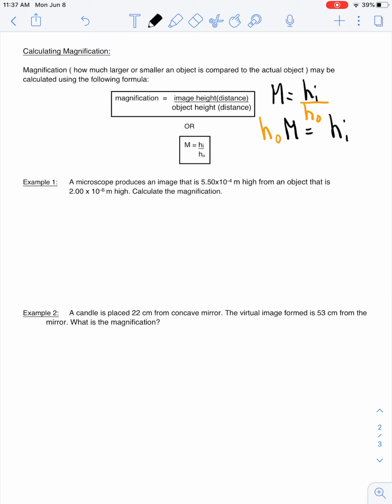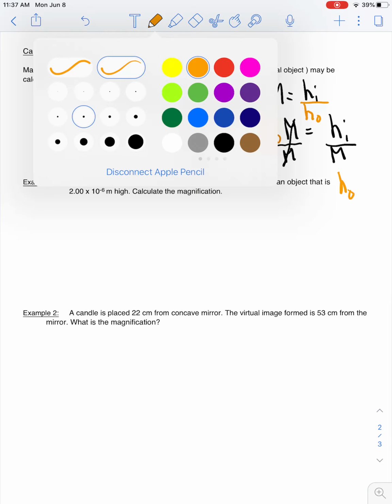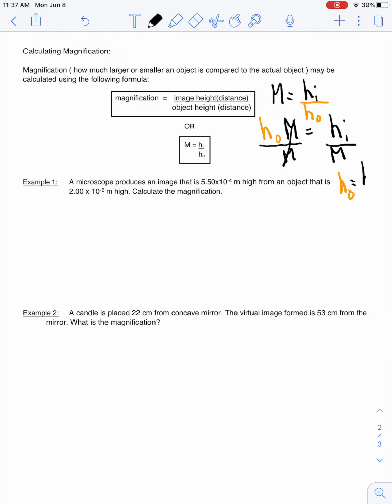Now we need to move the magnification from the left side to the right, so we divide both sides because it's being multiplied. It cancels, which leaves us with the formula: height of the object equals height of the image divided by magnification. So there you have three formulas depending on what you are trying to find.